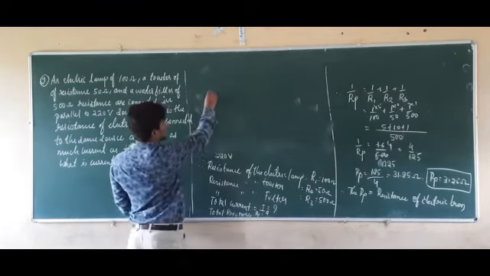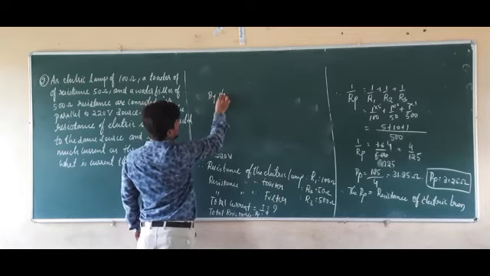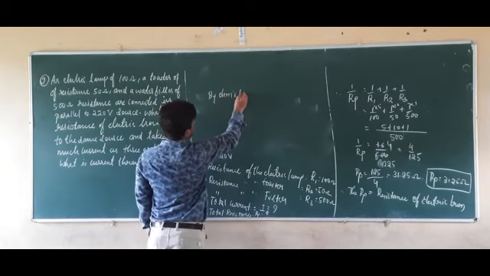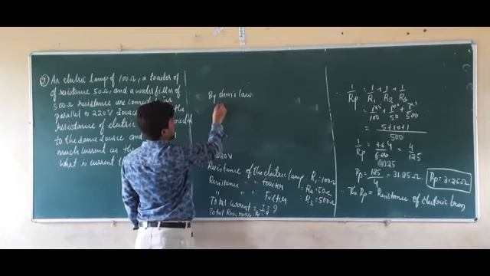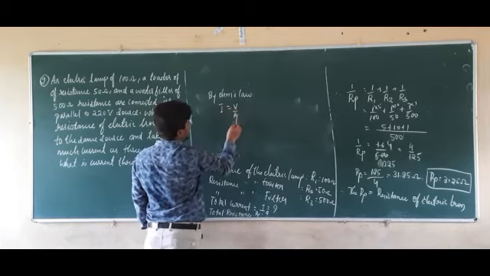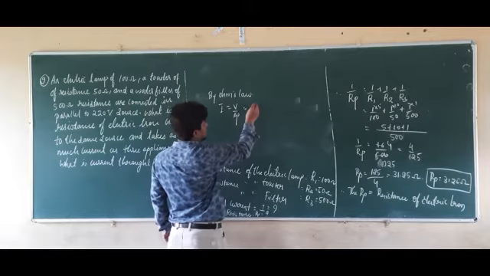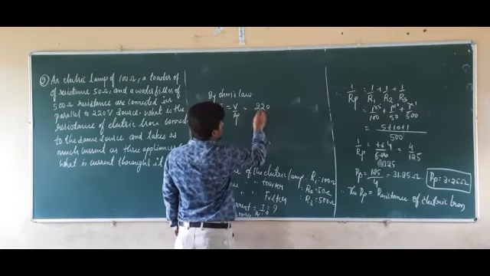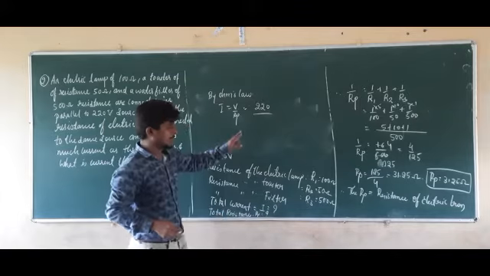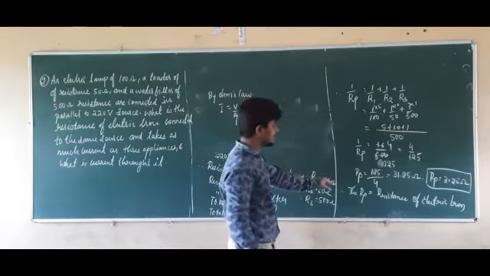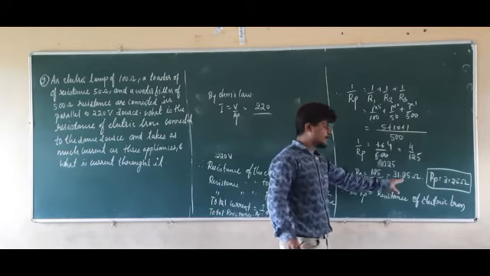So by Ohm's law, I is equal to V divided by RP. So voltage is given as 220 volt. So it is equal to 220 divided by the effective resistance here, 31.25.